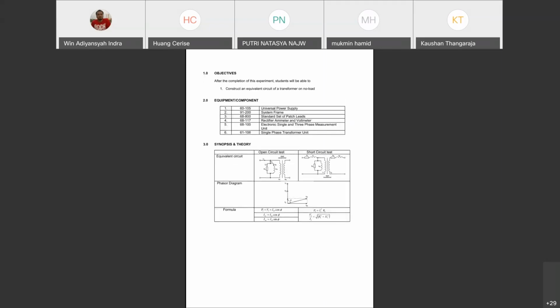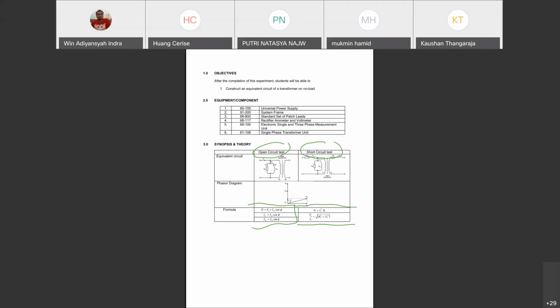If you see the formula here, this one is going to be the formula for open, and this one for short circuit.